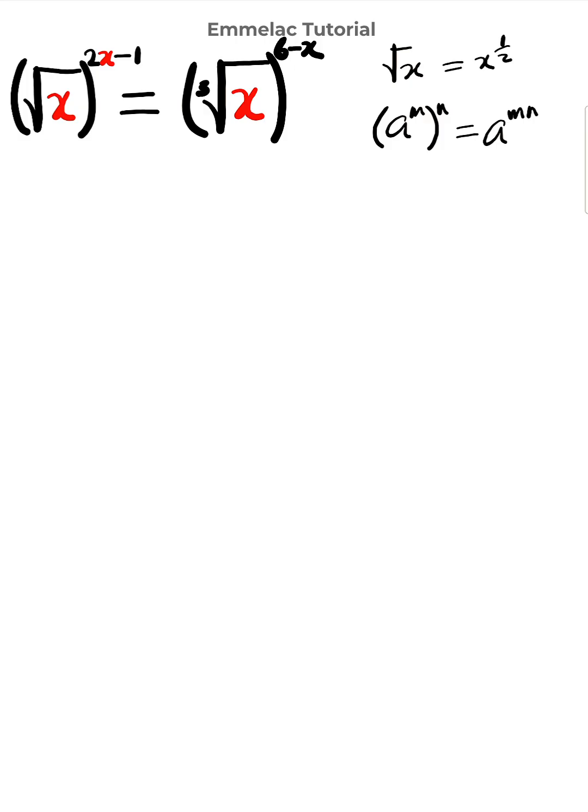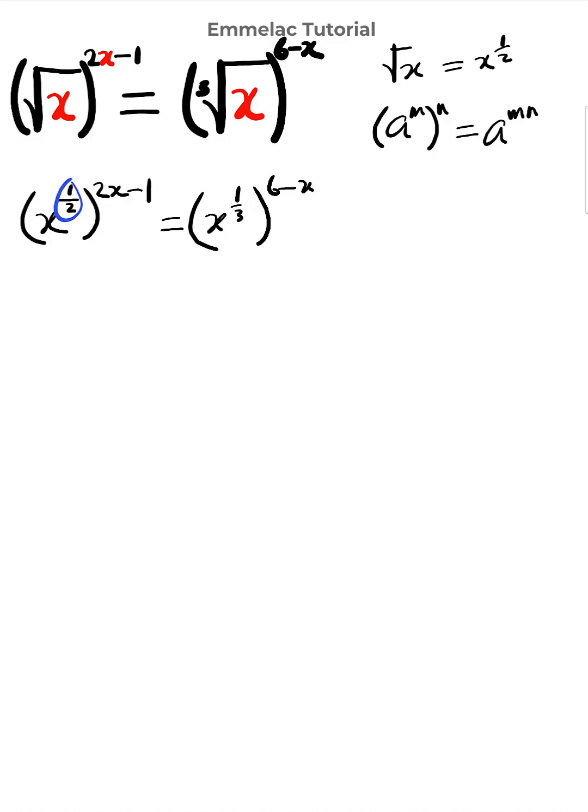So we have x raised to 1 over 2, all raised to 2x minus 1, equals x raised to 1 over 3, all raised to 6 minus x. The next thing we need to do is to apply this rule, where the two exponents multiply.